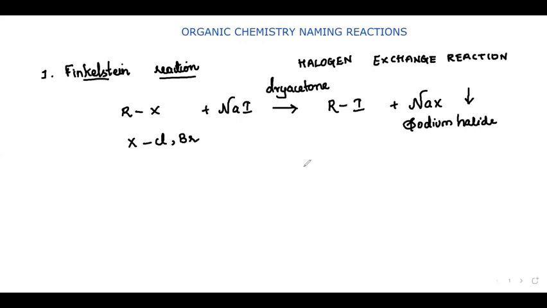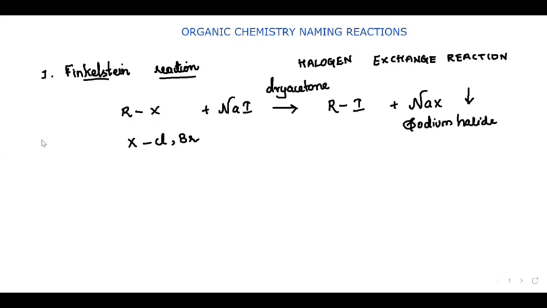So in order to prevent the backward reaction, we are using dry acetone. According to Le Chatelier's principle, if we decrease the concentration on one side, the reaction will proceed in that direction. So precipitating sodium halide makes the reaction go in the forward direction according to Le Chatelier's principle.